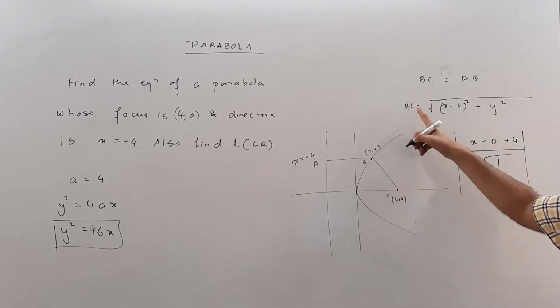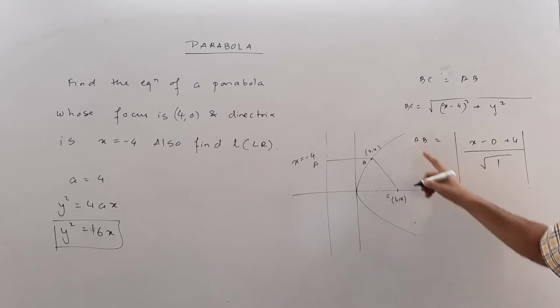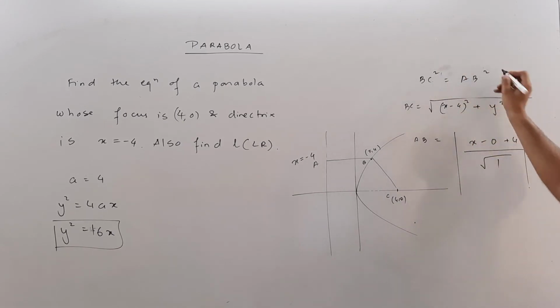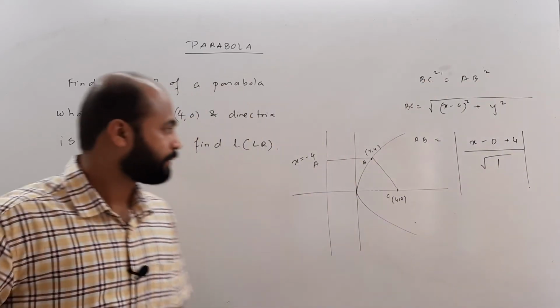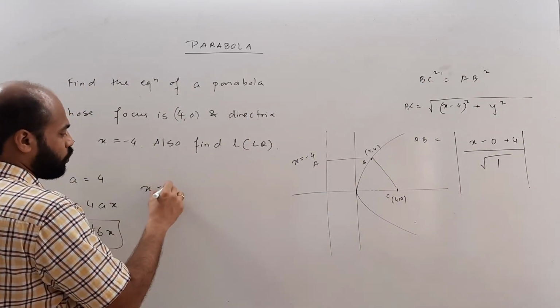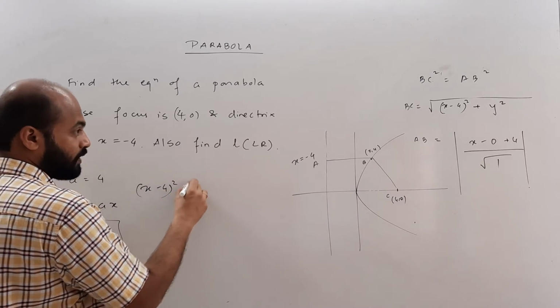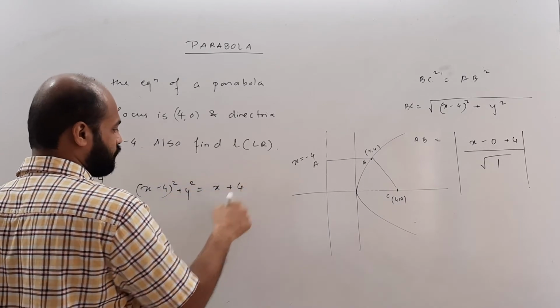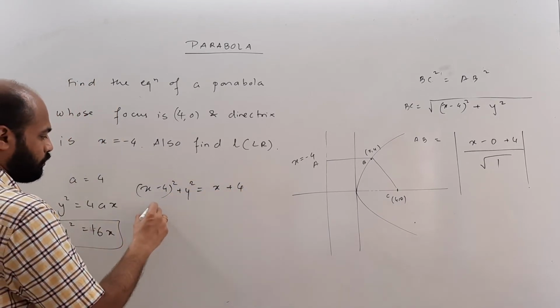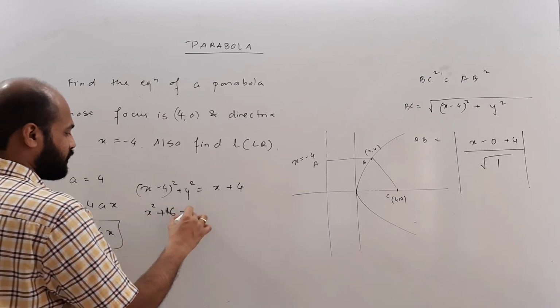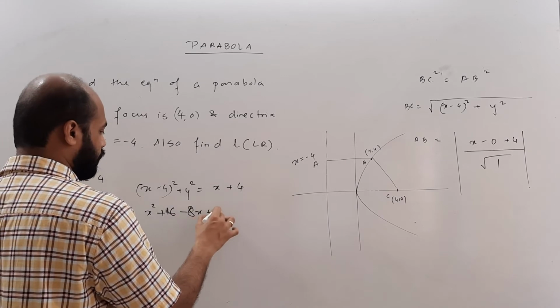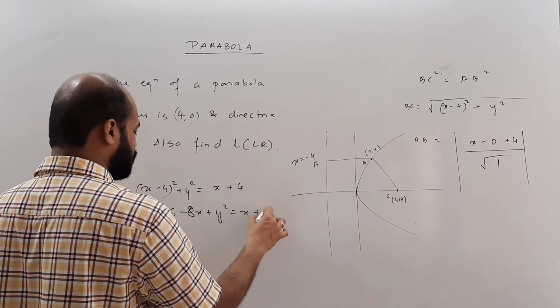So when I equate this to this, I'll equate the squares and I'll write this as BC square is equal to AB square. So if I write this, we'll get x minus 4 the whole square plus y square is equal to x plus 4. So continue with this. What we get is x square plus 16 minus 8x plus y square is equal to x plus 4.